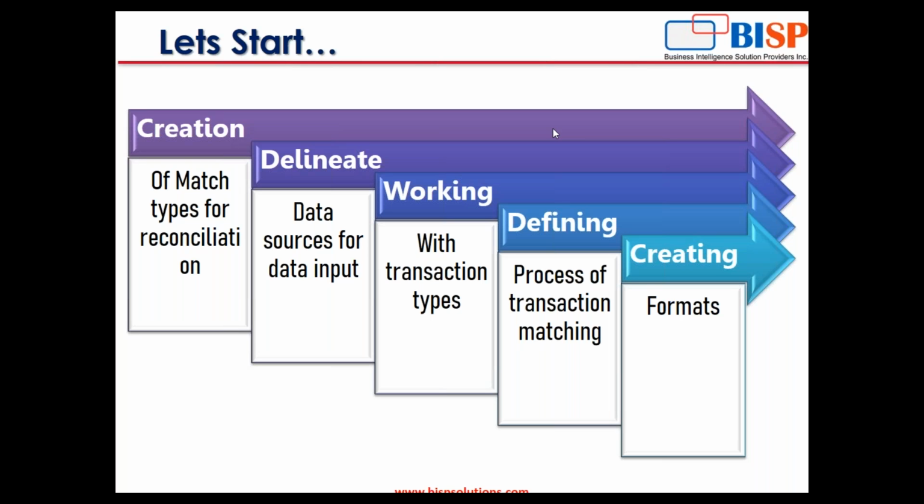Then working with the transaction types, defining the process of transaction matching. How am I going to match my transactions? What will be the rules? Let's say my accounts have different types of amounts, one paid, one unpaid. Taking an example, 5,000 is the total amount, 3,000 is paid, 2,000 is remaining.